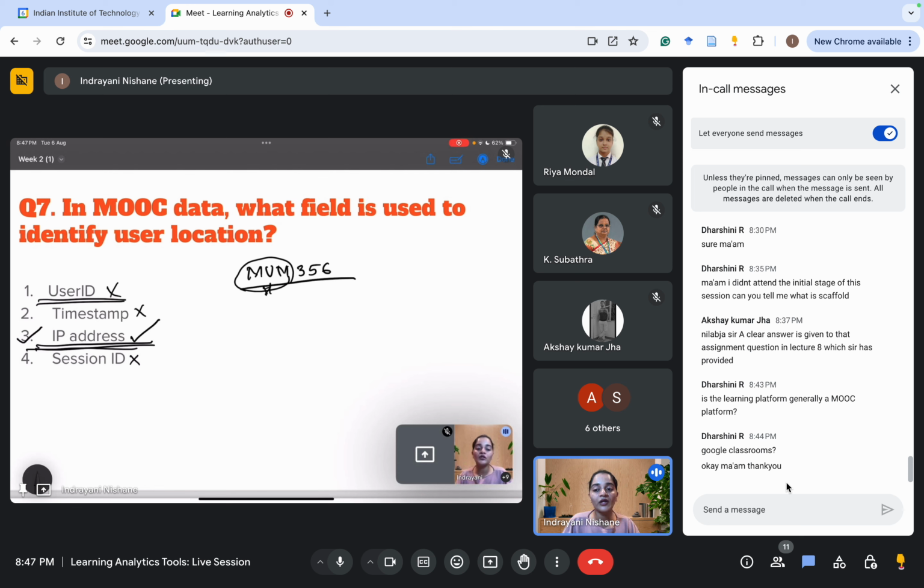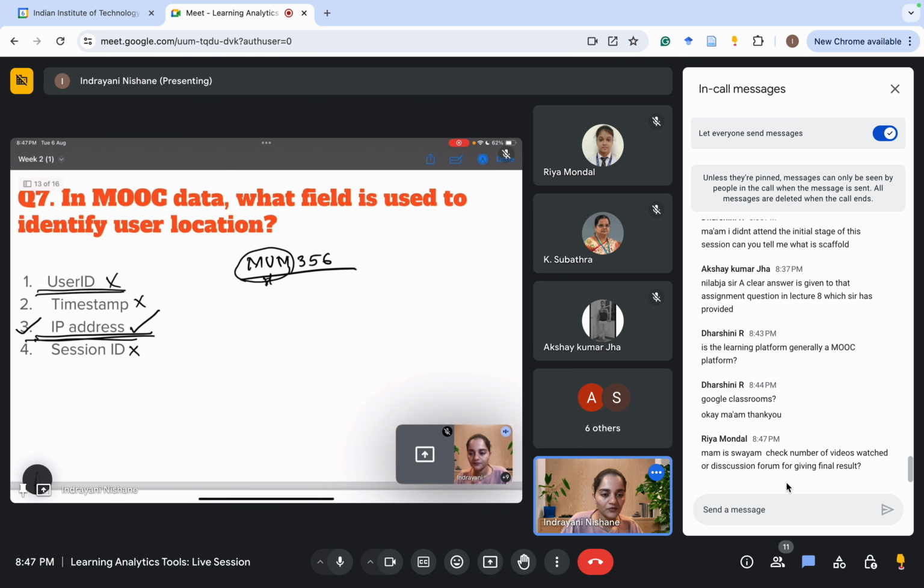Even though you can design a user ID or a unique number for each user to reflect their location, they can change their location and log in from a different geographical location, and that information can be given without any mistake only by the IP address, and not by the timestamp, the session ID or the user ID, even though user ID and session ID are unique values.